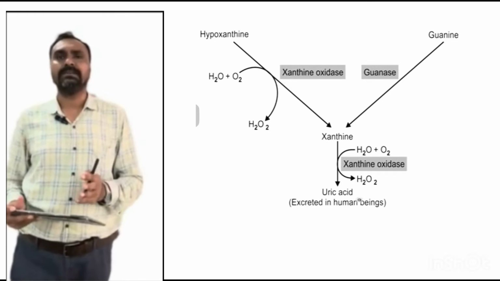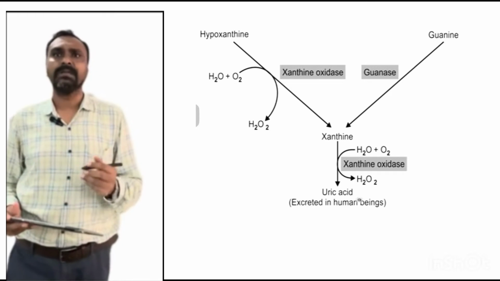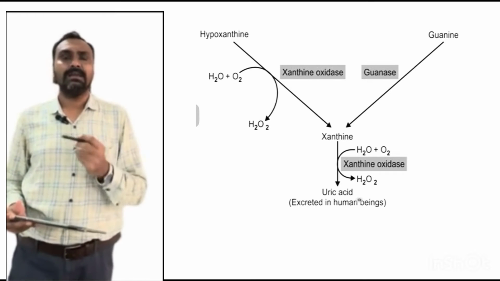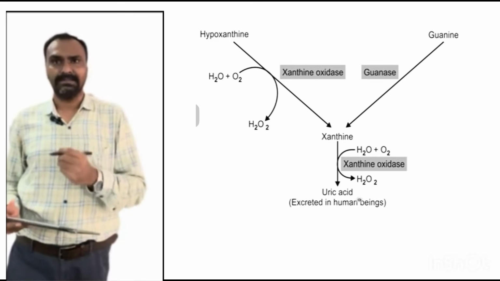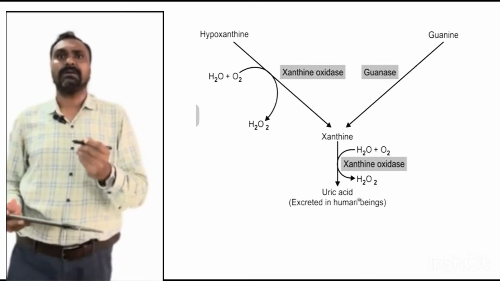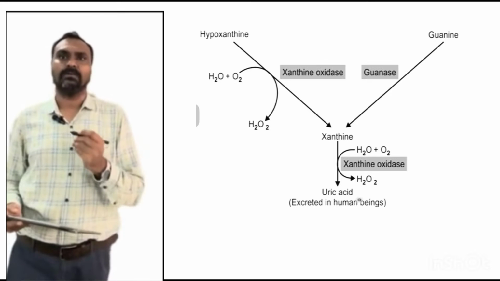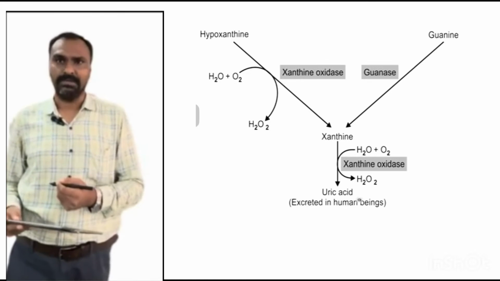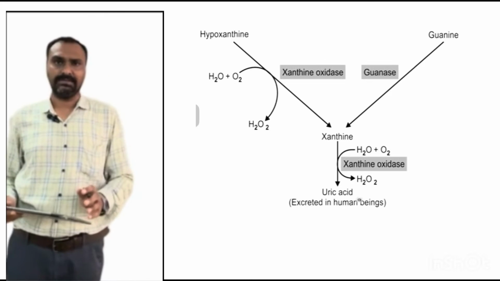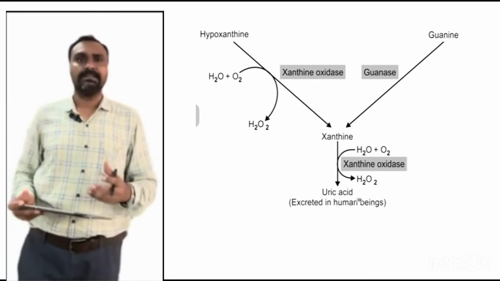Now this hypoxanthine with the help of xanthine oxidase enzyme is converted to xanthine, while guanine is converted to xanthine via the guanase enzyme. Xanthine will be converted to uric acid via the xanthine oxidase enzyme, and this uric acid is excreted in human beings.